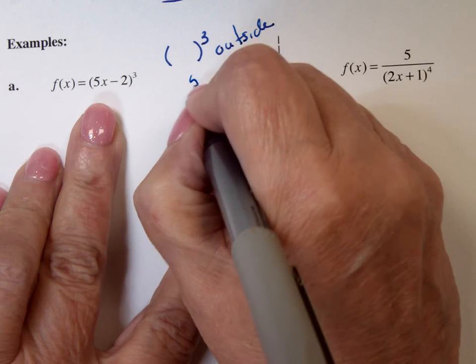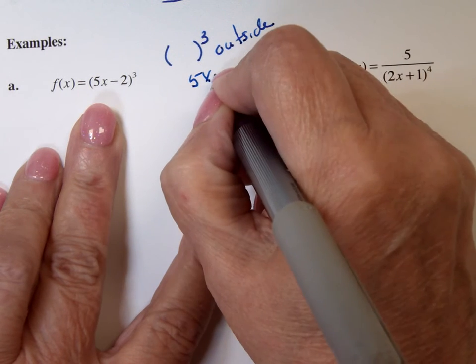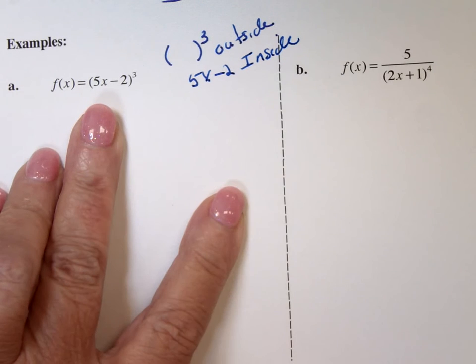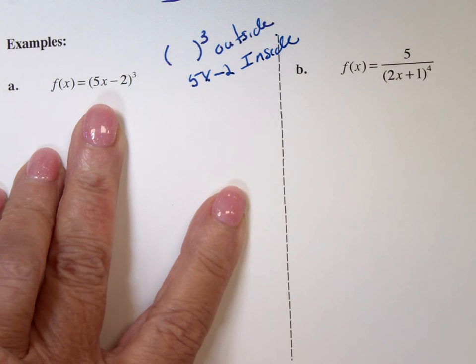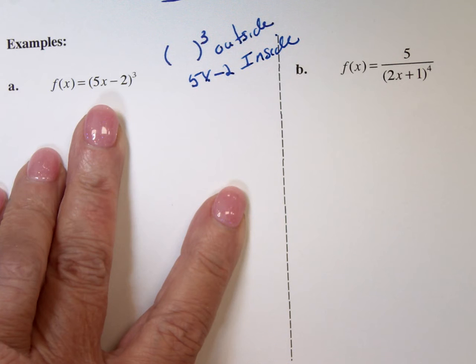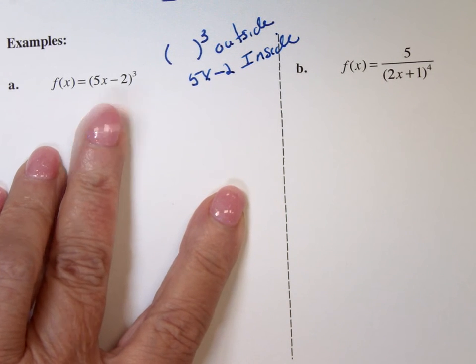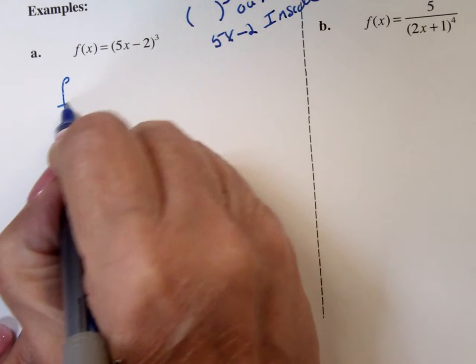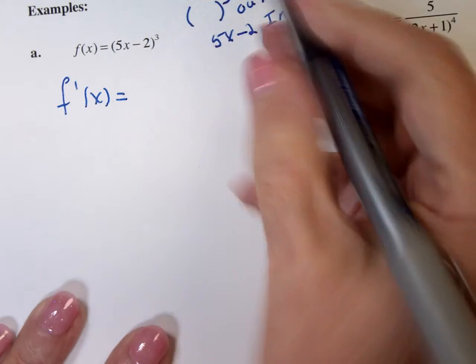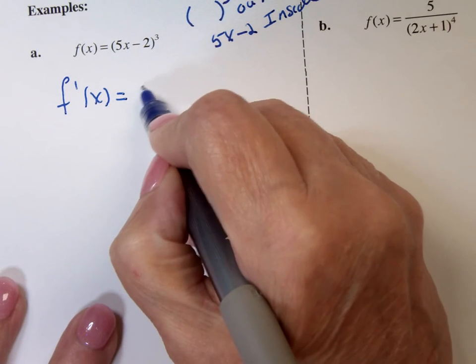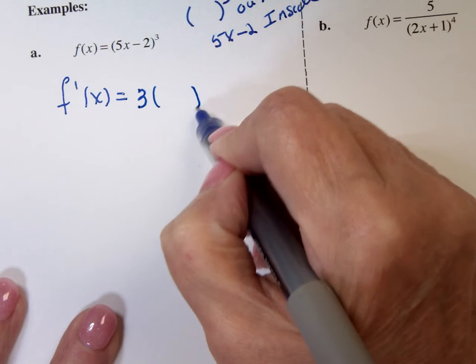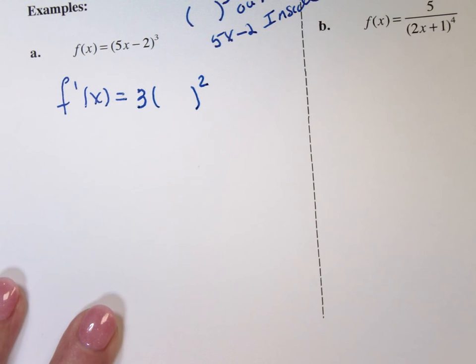The inside is 5x minus 2. Can I differentiate 5x minus 2? What's the derivative of 5x minus 2? So as long as I remember the rule, I can differentiate this thing. So chain rule says that f prime of x is the derivative of the outside. I don't care what's inside.